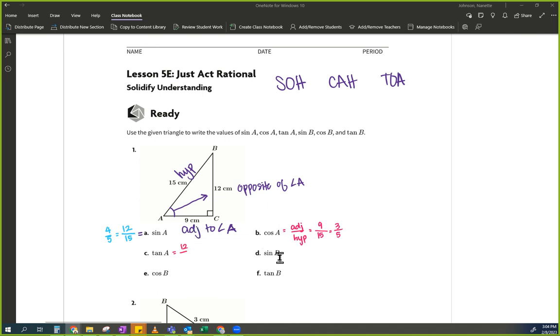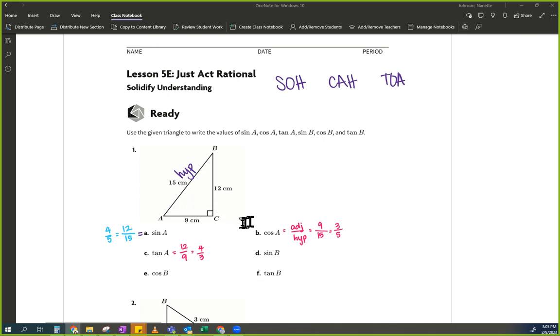The reason I said to separate B is that now I'm going to erase adjacent to A and opposite of A. Now if you look at angle B, this is not the opposite of angle B. This is actually the adjacent of B. So you'll notice a couple of things. The first thing I'm going to do is erase all this because I don't want anybody to get confused.